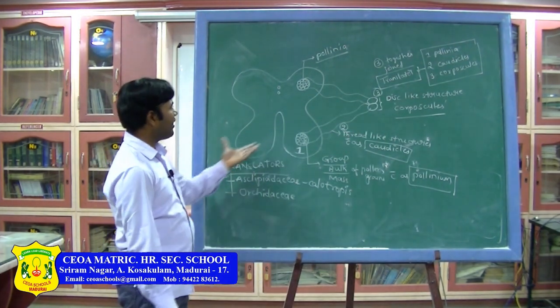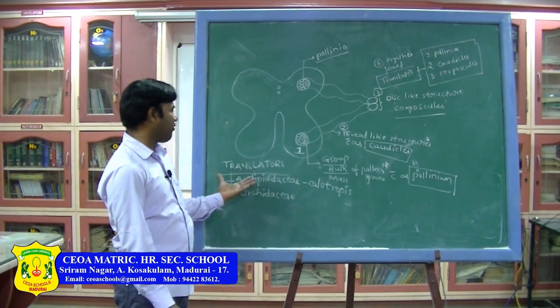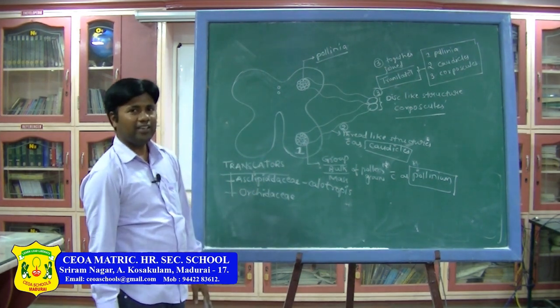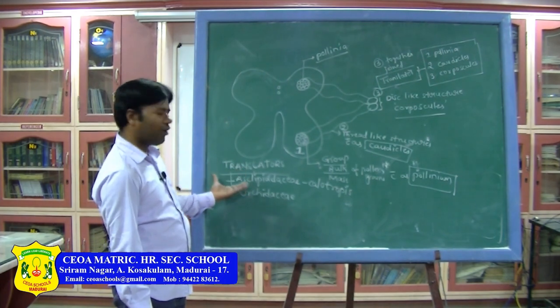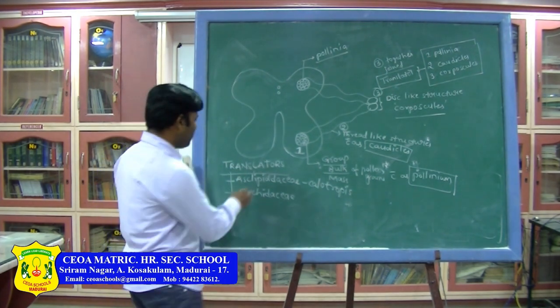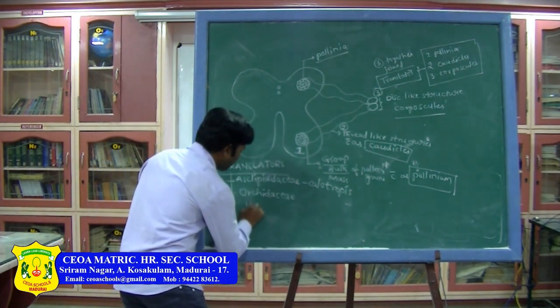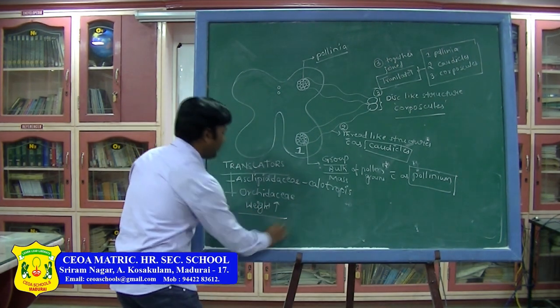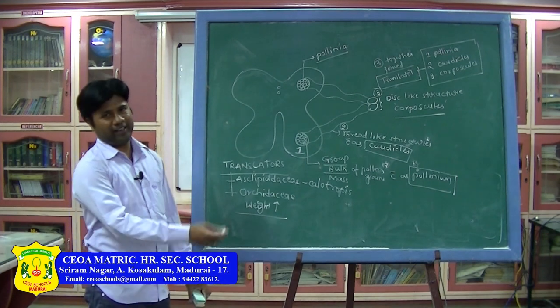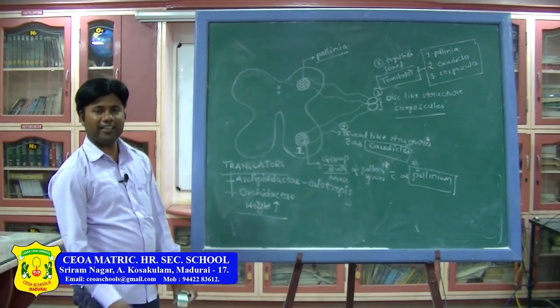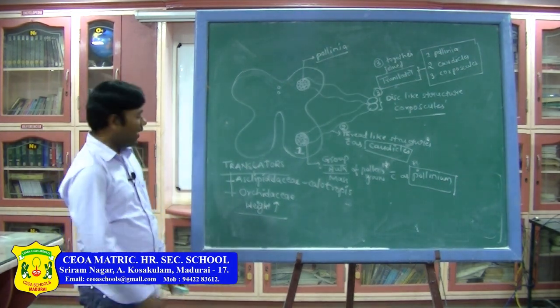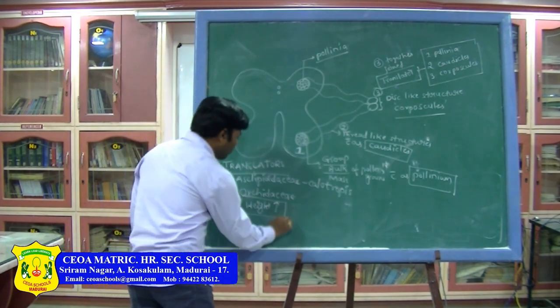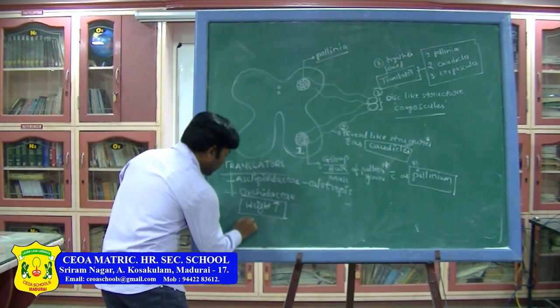Okay. So what is the need of learning the translator? See, due to the formation of the translator, what happens? The weight of the pollen grain or pollinia will be more. The weight is more, so it cannot be transmitted by the wind or the air. Due to the more weight, it will be taken by the insects.